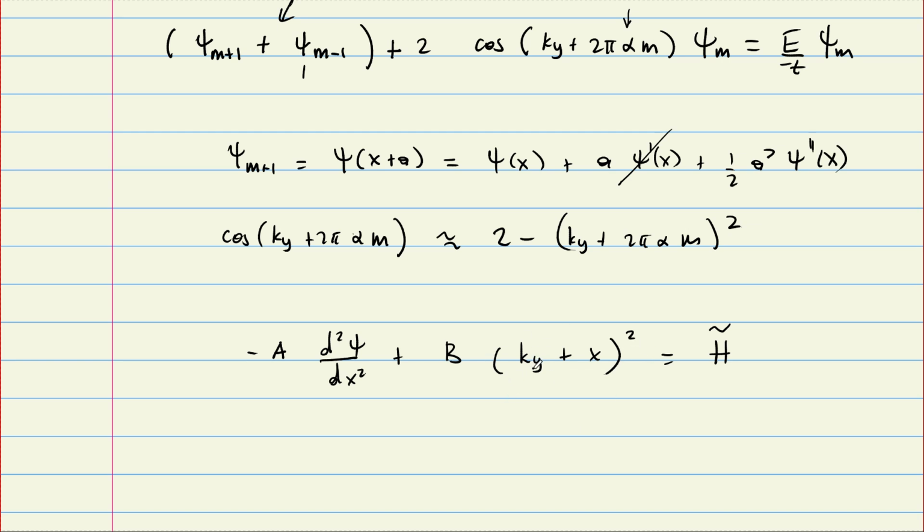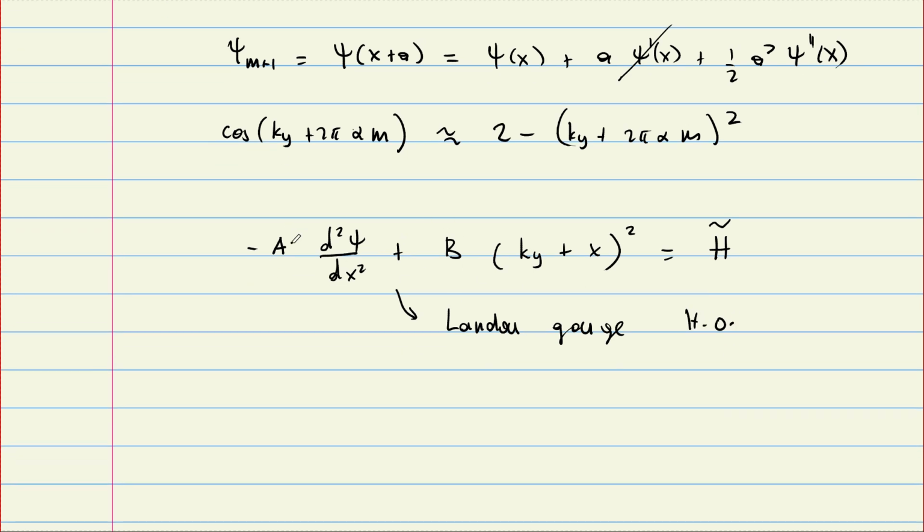Hopefully everybody remembers what this Hamiltonian is. There are some coefficients, a second derivative, and there's x squared, but x squared is shifted. Exactly, right? This is the harmonic oscillator, and this is exactly what we get for the Landau gauge. This is the Landau gauge harmonic oscillator.